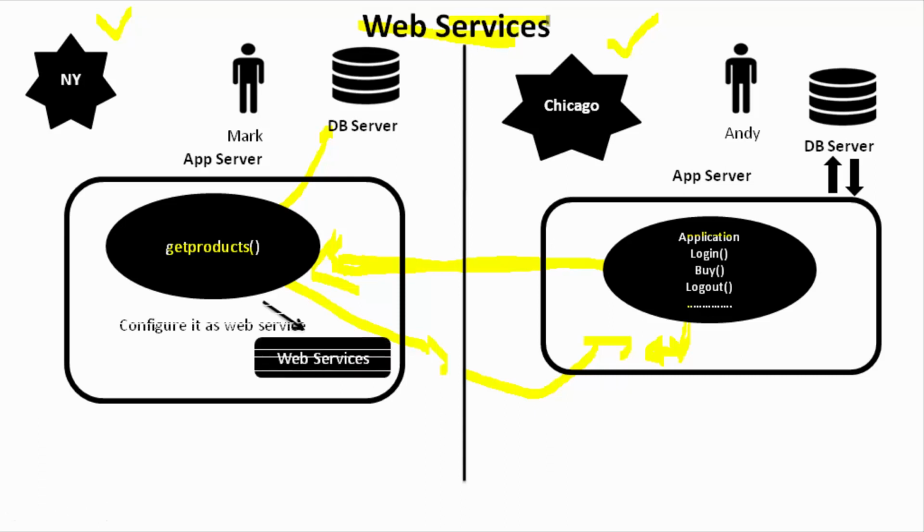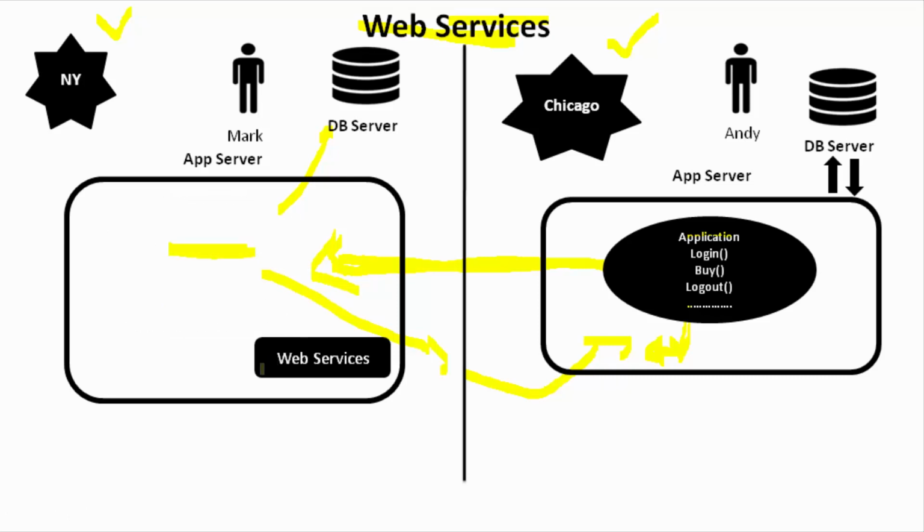So what you do is configure this particular business service as a web service. Once you configure get products as a web service, Andy's application can make a direct call to this web service.